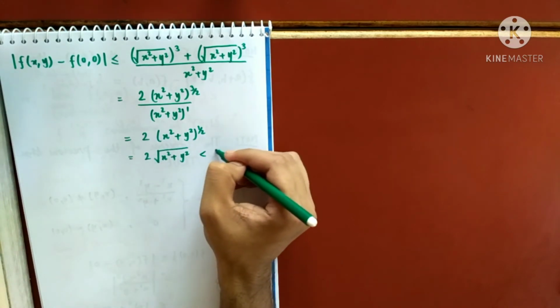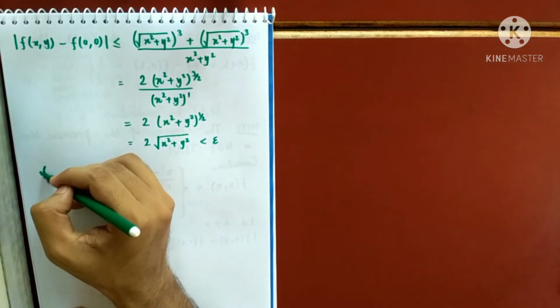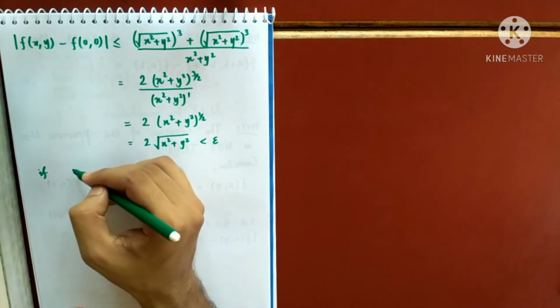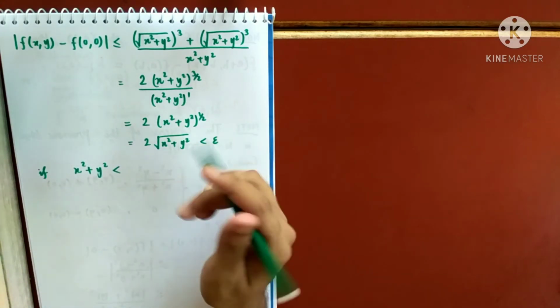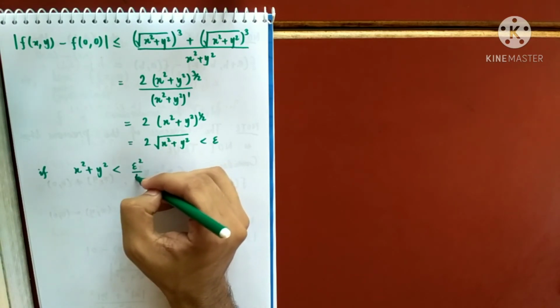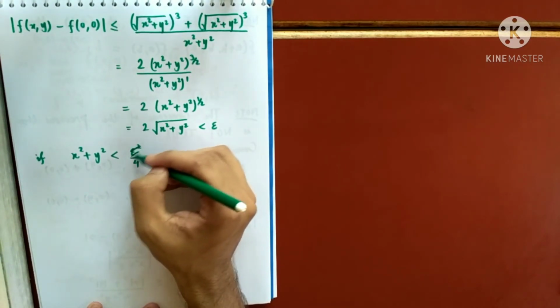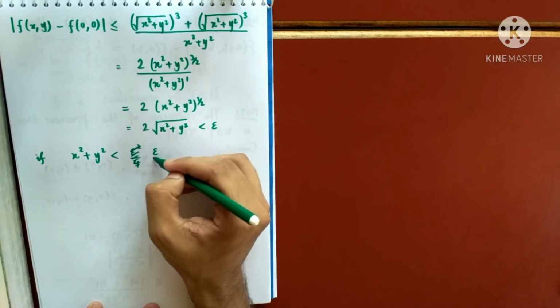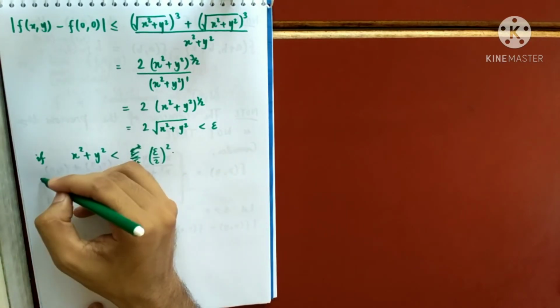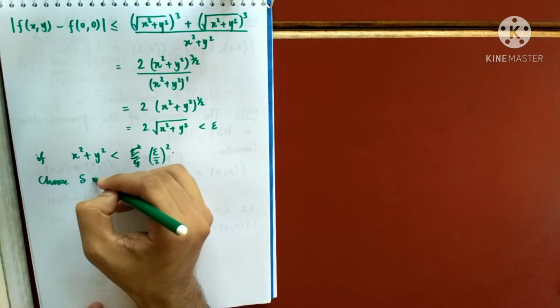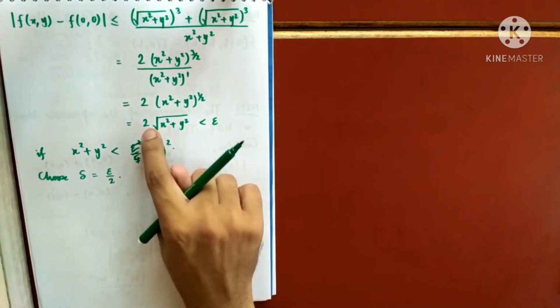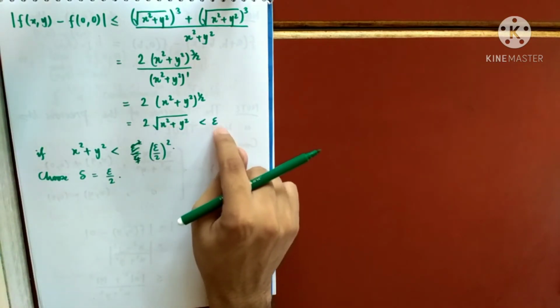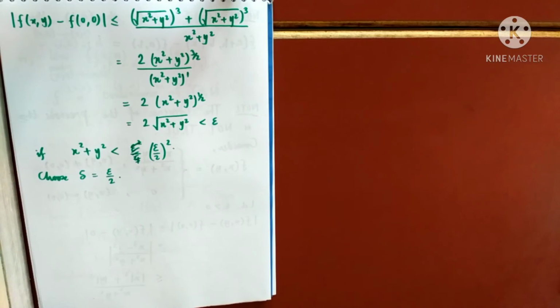So this is less than epsilon if x^2 + y^2 is less than (epsilon/2)^2. So choose delta equal to epsilon by 2. This is less than epsilon if this is less than epsilon by 2, squaring both sides. So for this circular neighborhood, the definition of continuity works.